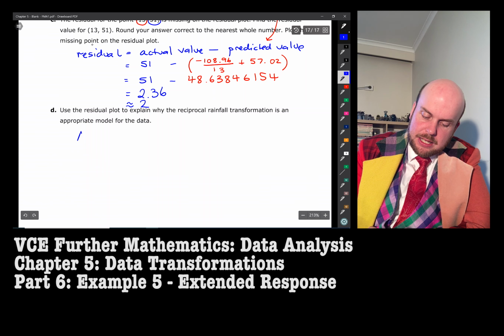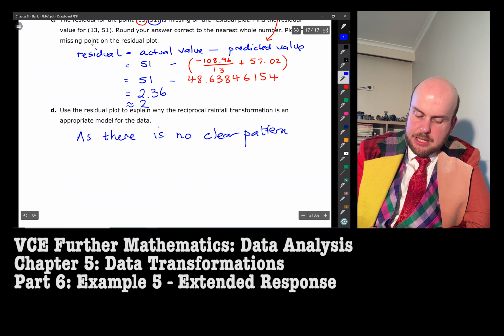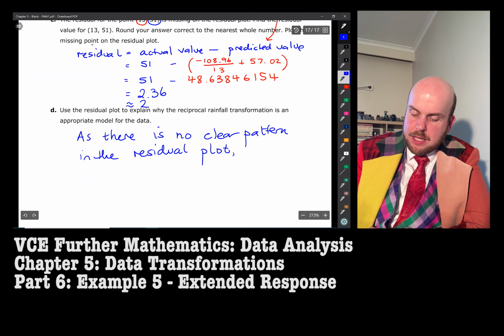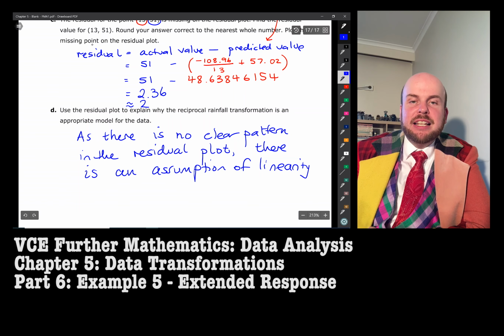As there is no clear pattern in the residual plot, there is an assumption of linearity.